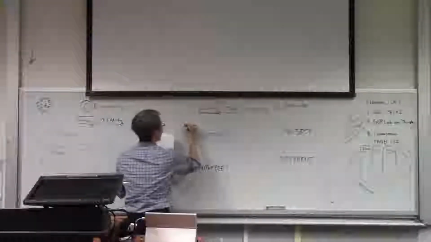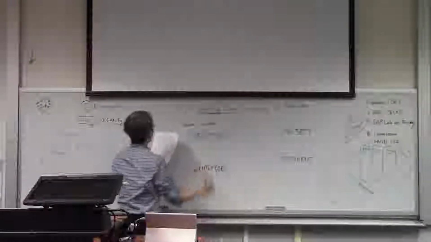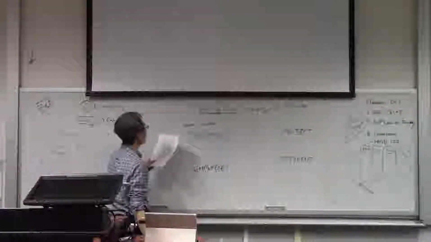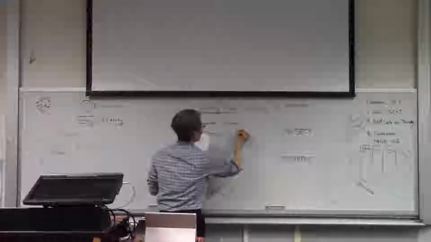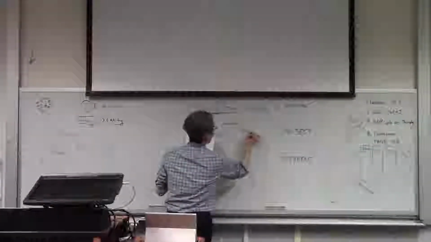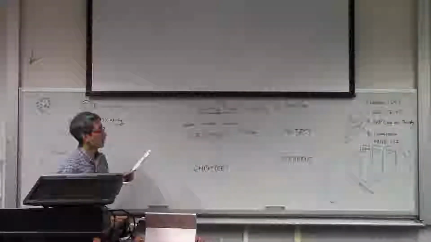So for example, the first is department. Each department has a name, and also a number, and an employee who manages the department, the manager, and we keep track of the start date of the manager, and the locations.